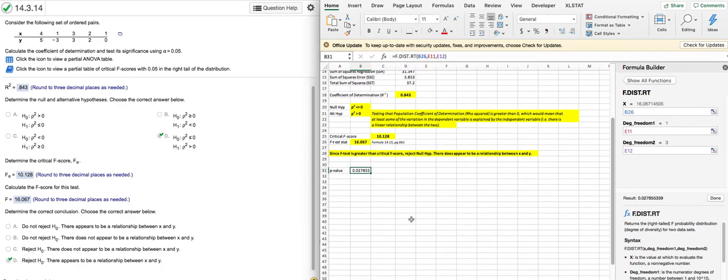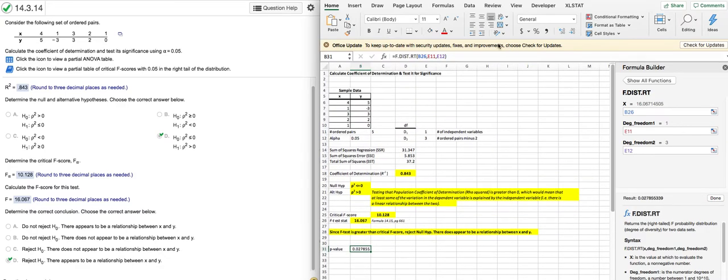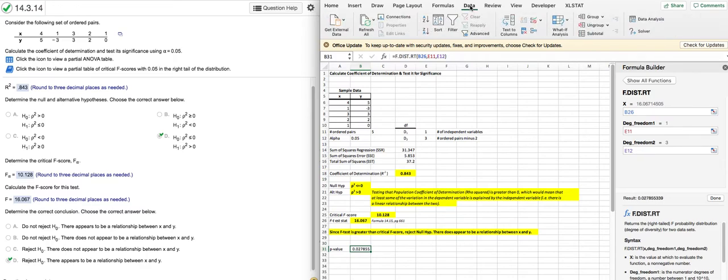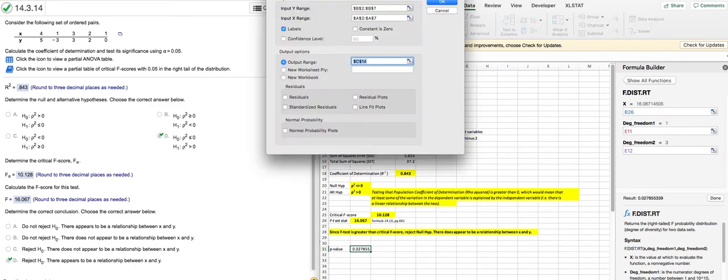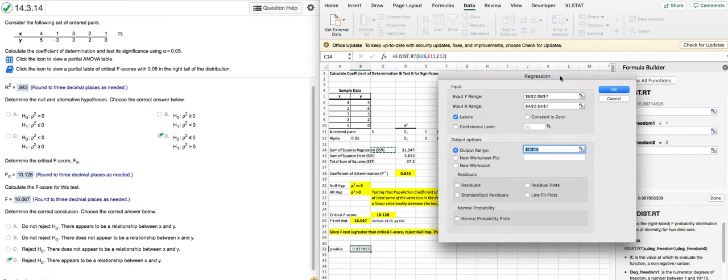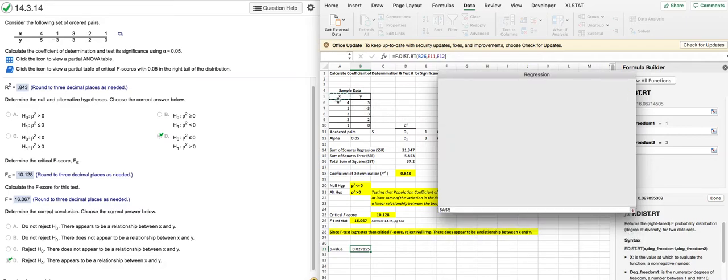I want to move on from here and show you how to get the output in the Data Analysis ToolPak as well as XLStat. I'm going to go to Data Analysis and run a regression. We put our Y range here, including the label, then the X information here.